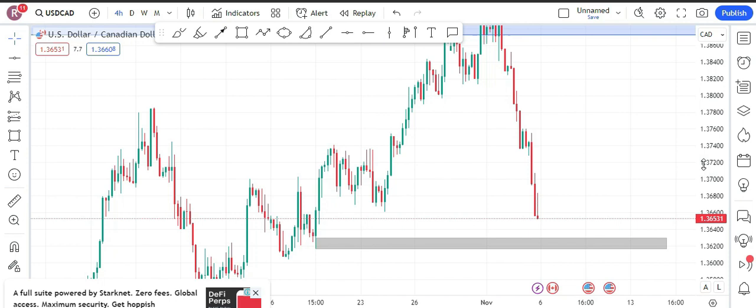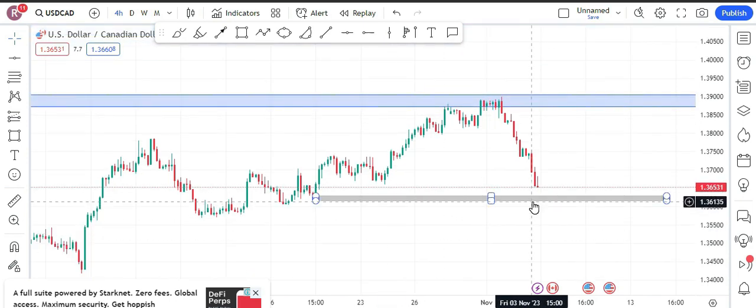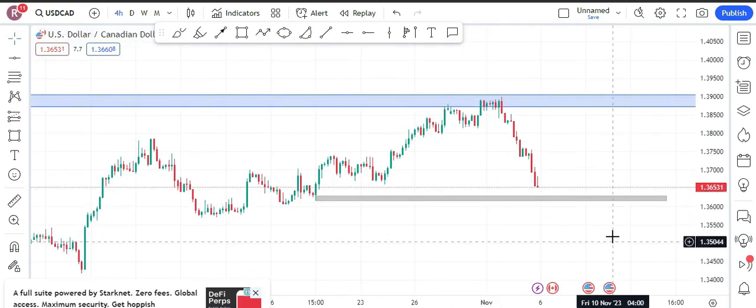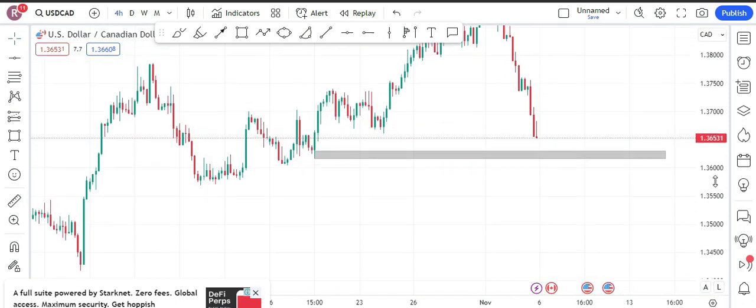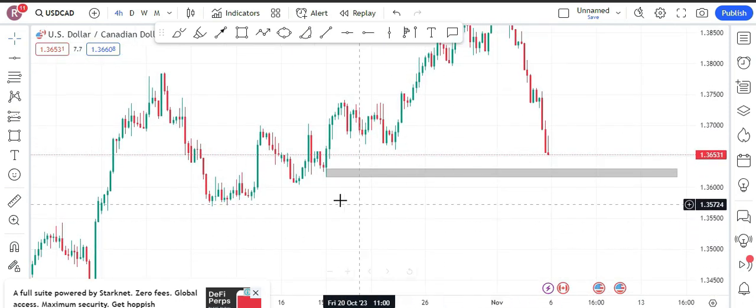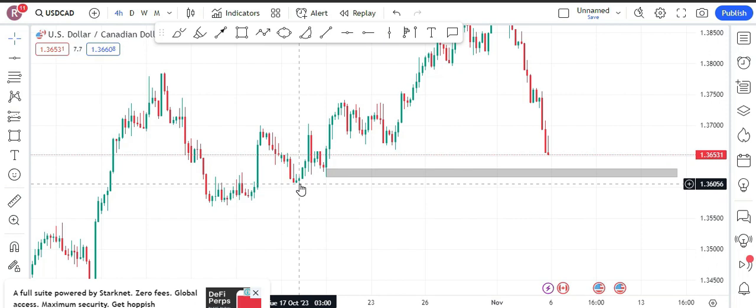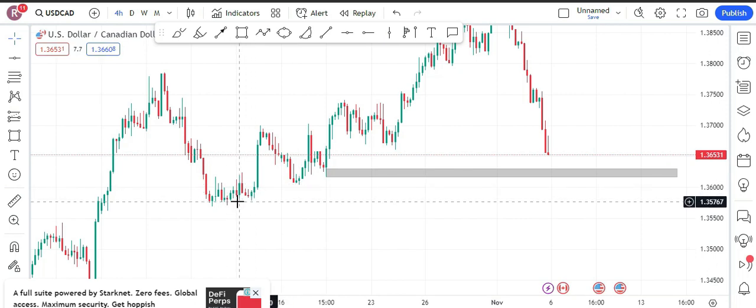In 4 hours, it can react here, and there is also another zone, maybe we will consider this one or this one.